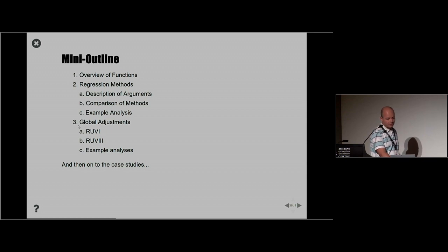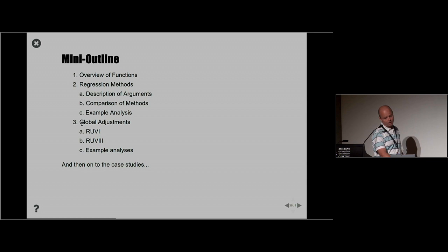There's global adjustments. These are harder to do, but also in some sense more useful. A global adjustment is you take your gene expression data, you run it through a global adjustment method, and you end up with a new gene expression matrix that you can do whatever you want to. Okay?